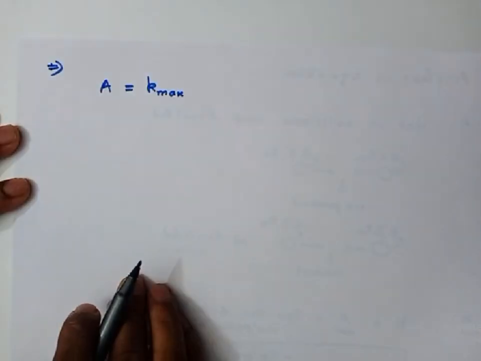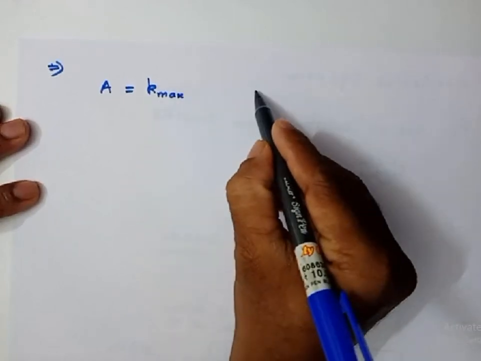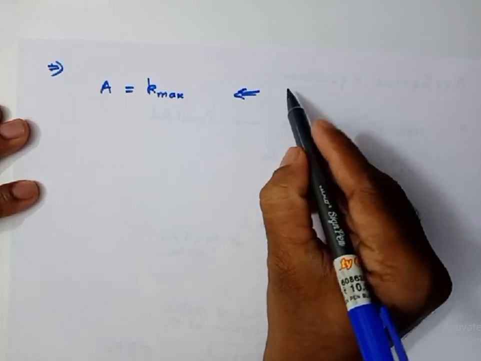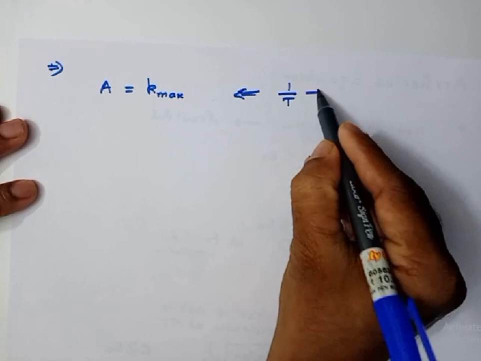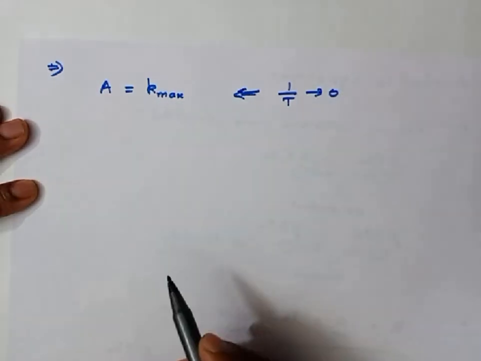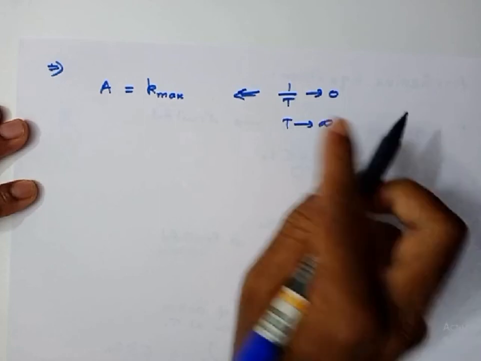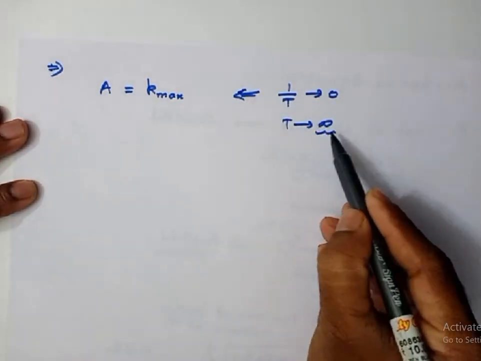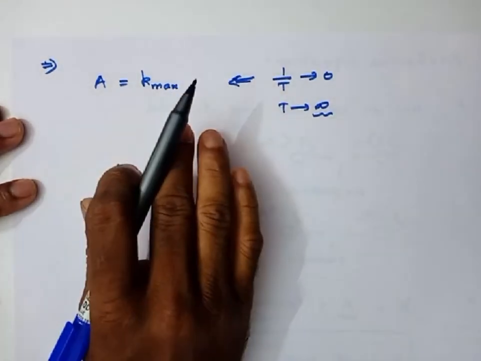And you know very well, this k max can be achieved by increasing the temperature to infinity. When 1 by T becomes 0, only then will you get the maximum rate constant. If T approaches infinity, then 1 by T becomes 0. So if you go to an infinitely high temperature, then all collisions will give product.